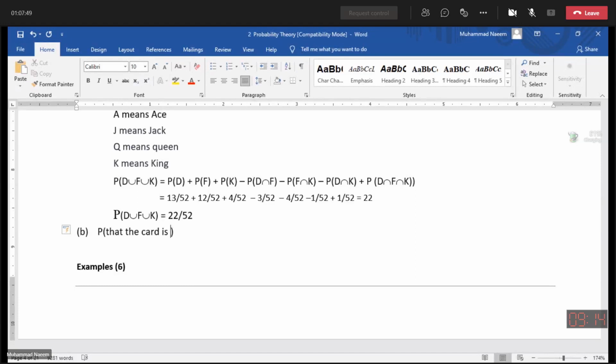Exactly one characteristic, that the card is with exactly one characteristic out of the three. Among these three characteristics, how many cards have exactly one characteristic?